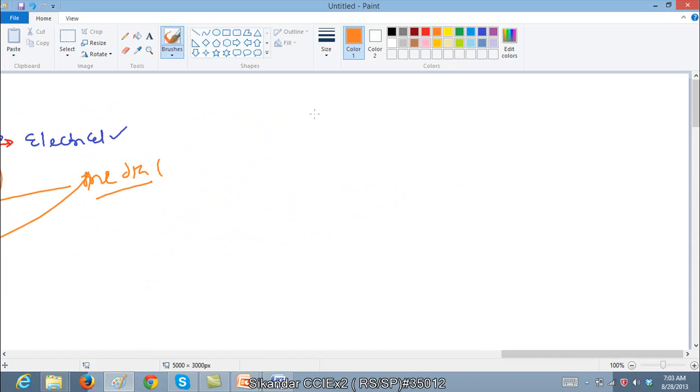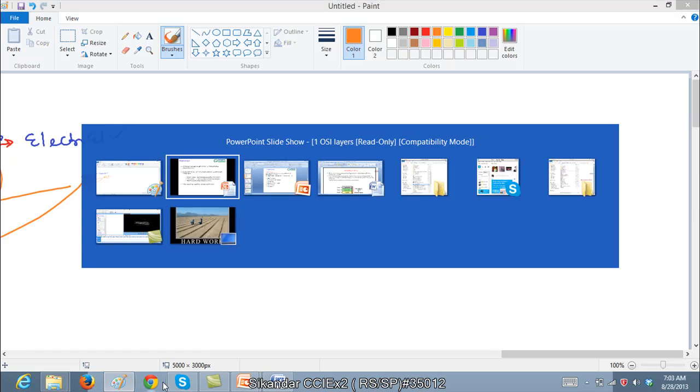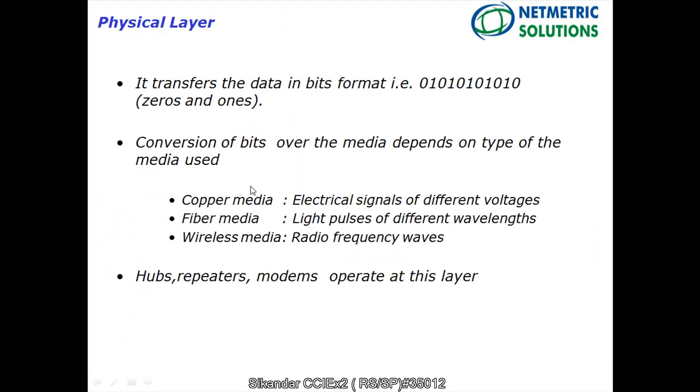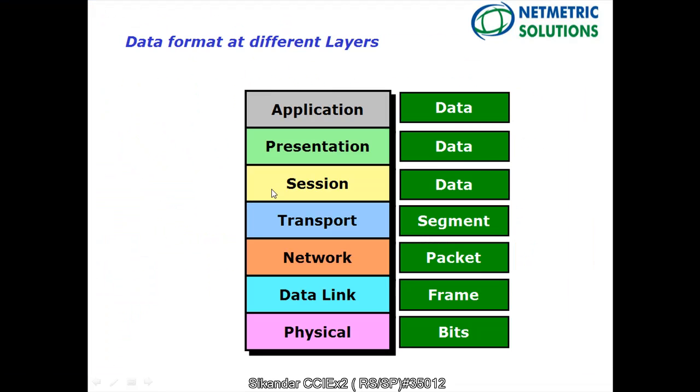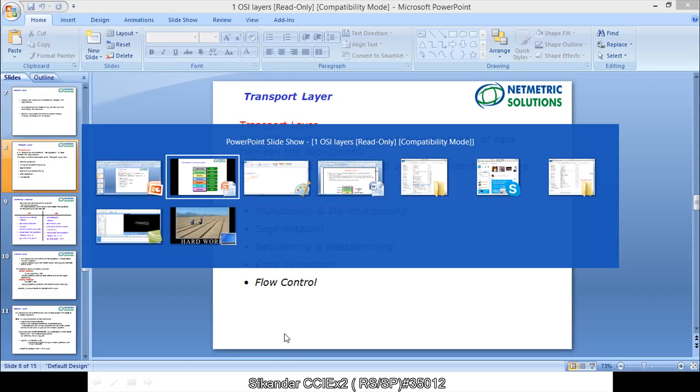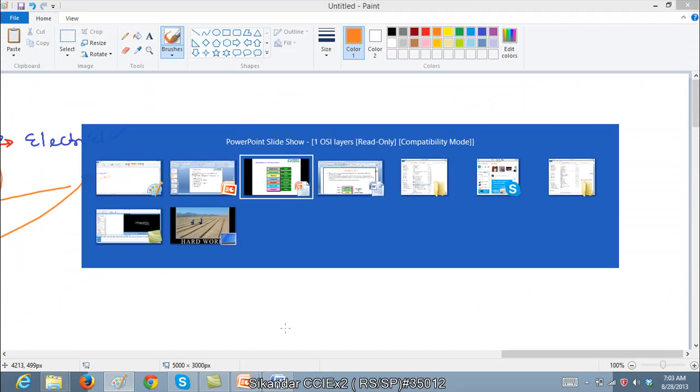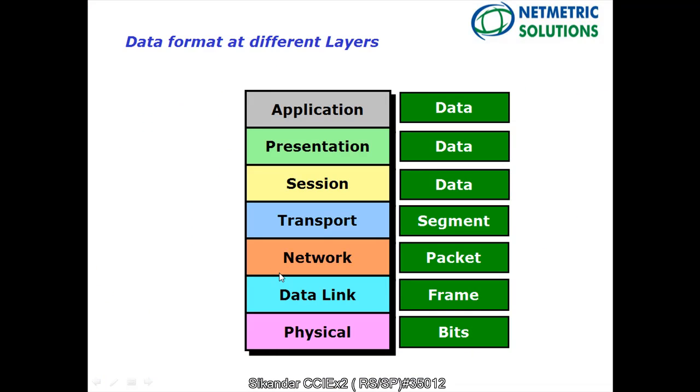Let us see the process of the physical layer again quickly, in a few steps. Here is my information. Initially, at the application layer, the information is normal data, whatever you are sending.